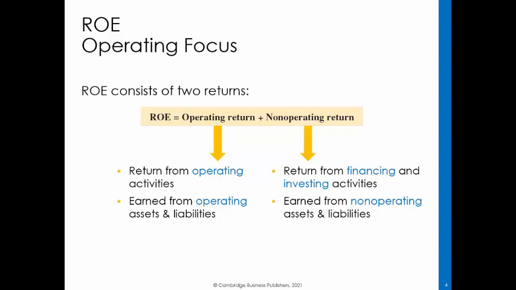As the slide indicates, return on equity consists of the return from the company's operating activities linked to revenues and expenses from the company's sale of products or services and return from financing and investing non-operating activities.